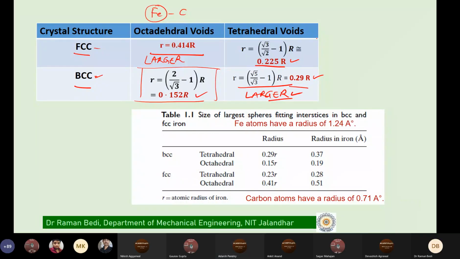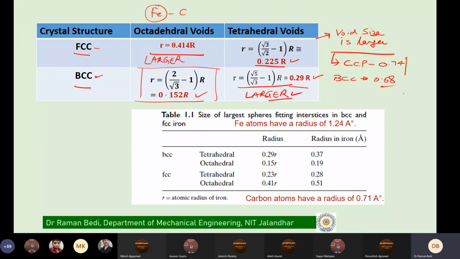FCC, sir. Yeah, so it seems to me that the void size for FCC is larger relative to what you see in the case of a BCC structure. I say it's an anomaly because on the other hand, if you talk about the packing fraction, we say CCP is closely packed and it has an APF of 0.74, whereas BCC we say is not closely packed and it has an APF of 0.68.